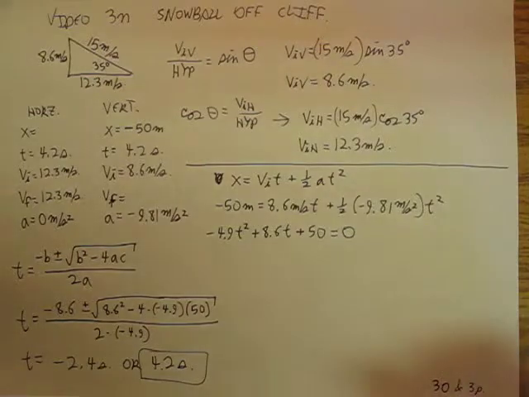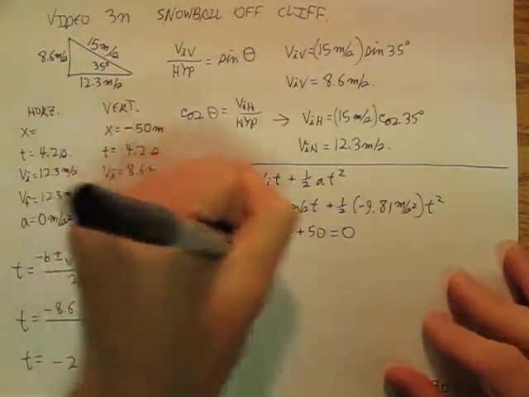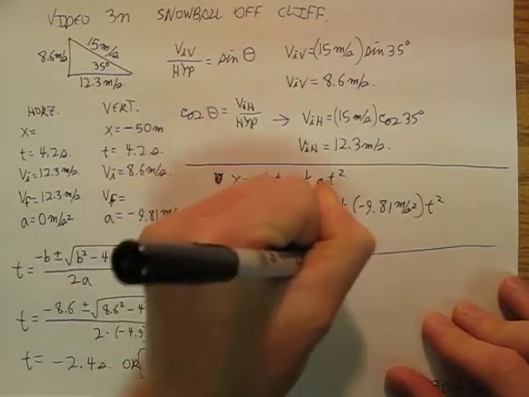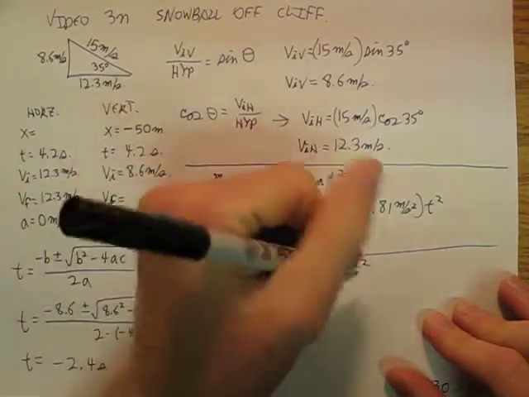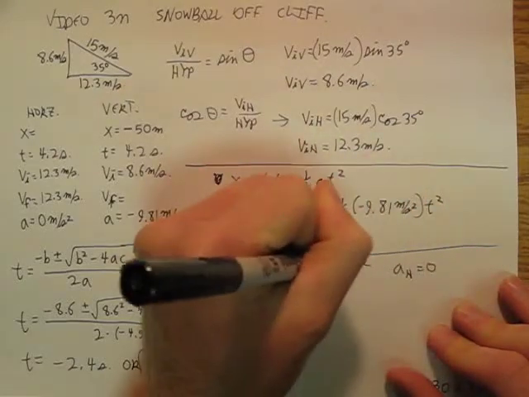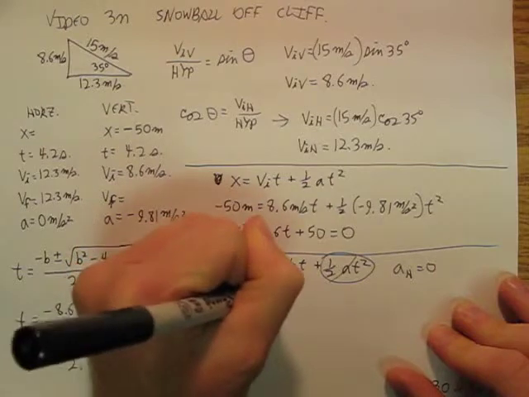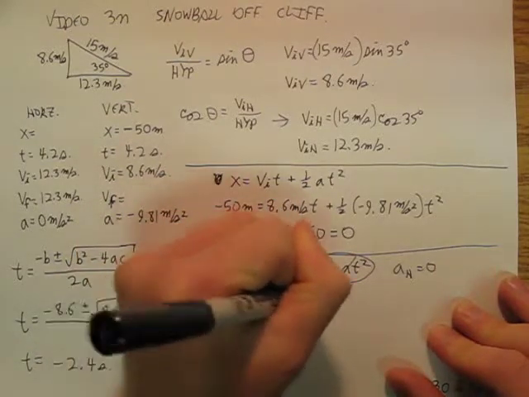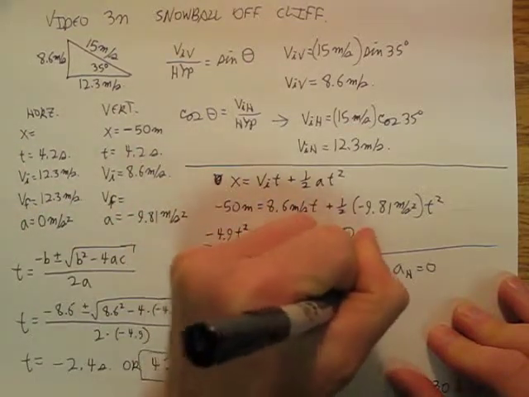Okay, so this one's pretty easy. Because my horizontal acceleration is 0, so that goes away. So I have x horizontal that's going to be 12.3 meters per second times 4.2 seconds.